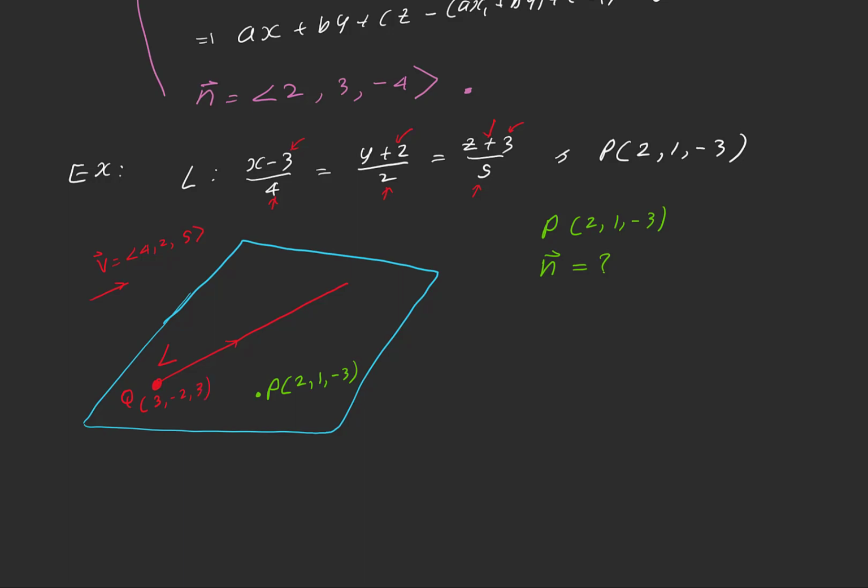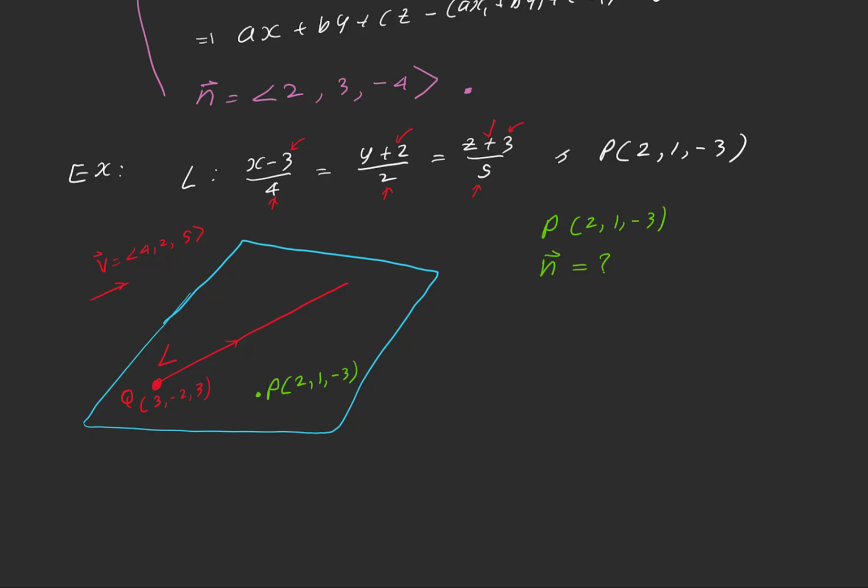Now we know a point on the line, that means this point is on the plane, so I use that point P. And we know the parallel vector to L, so the direction vector, right?